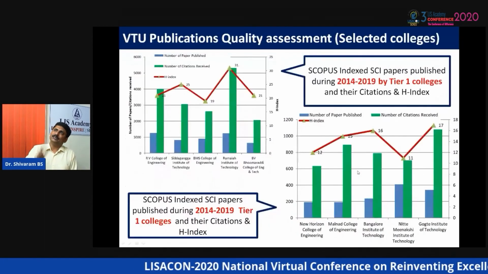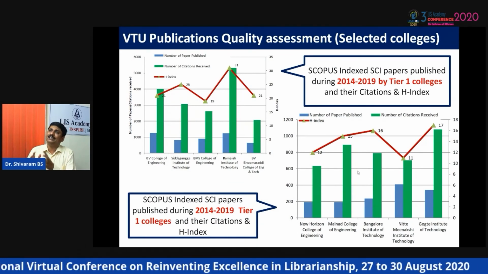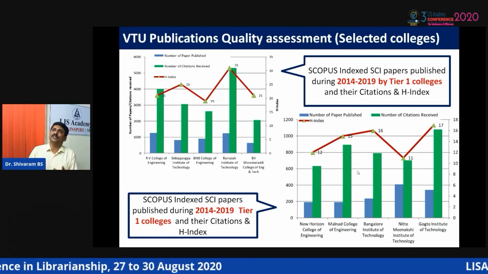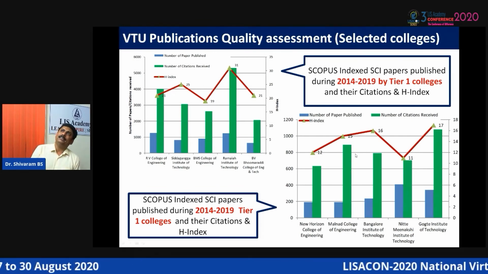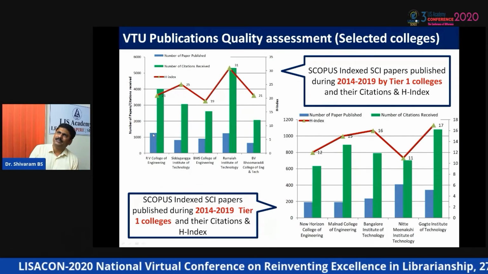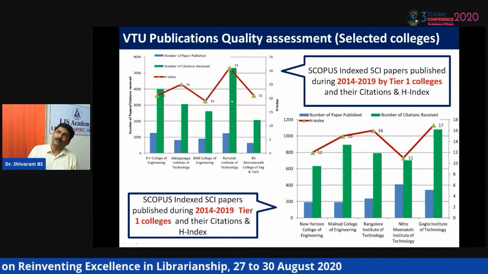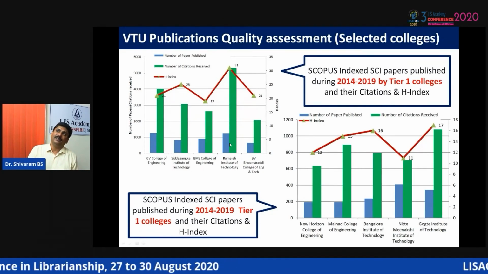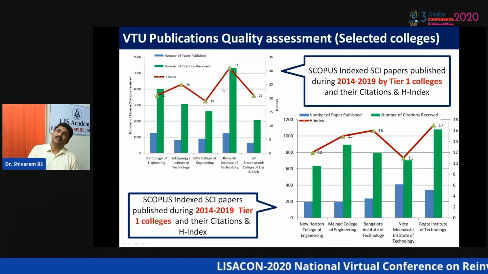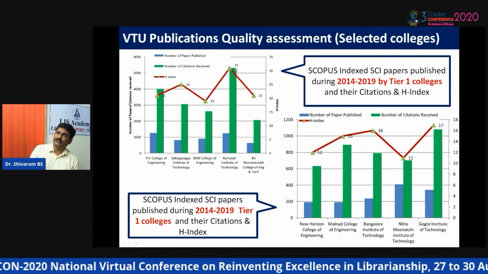And also we looked at the quality of publications, whether these publications are really getting citations, or whether they are really contributing to the H index of their institutes. For example, in a Tier 1 college, the 1200-plus articles published by RVCE have recorded almost 4000 citations. Similarly, it was much better in MS Ramaiah, where they are able to produce quality papers, and these citations are really contributing to increasing the H index of their institutions.